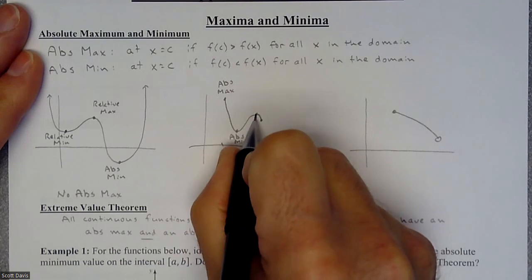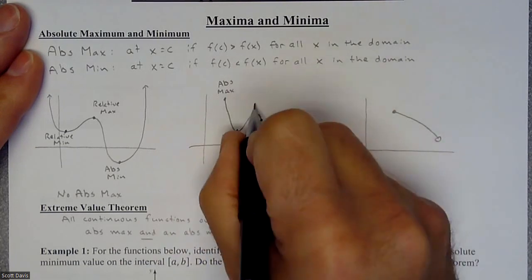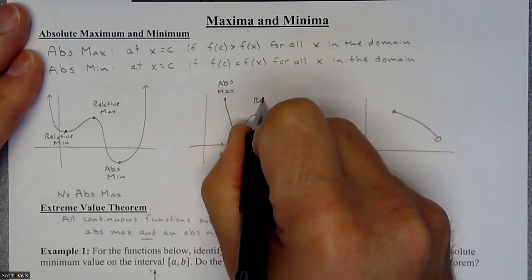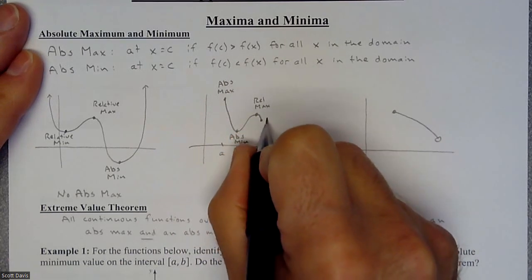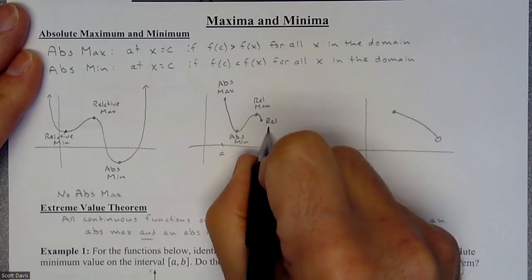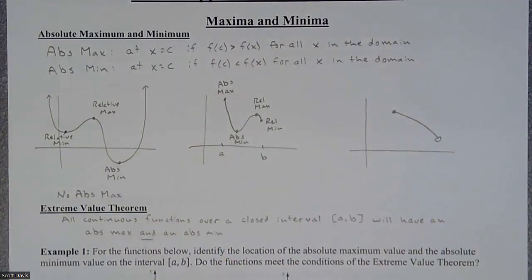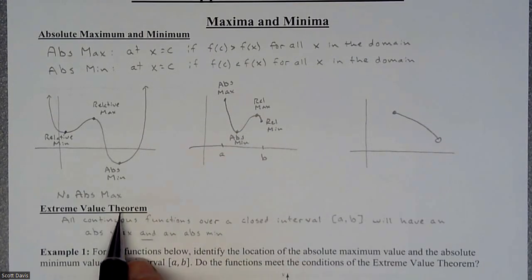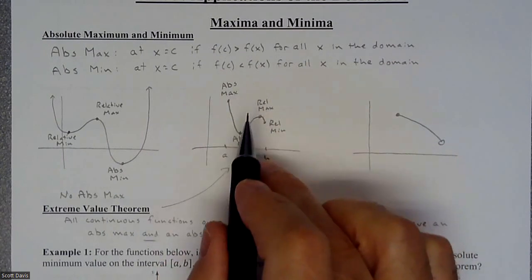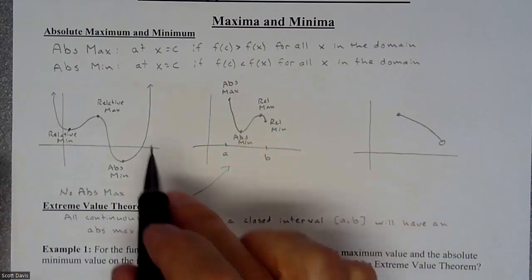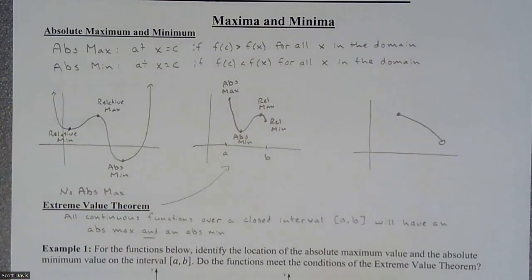And then these two points would be our relative max and relative min, or local, whichever terminology is used. So that's the extreme value theorem. Every single one of these is going to have a high point and a low point, and they have to, because they don't go up forever and they don't go down forever.